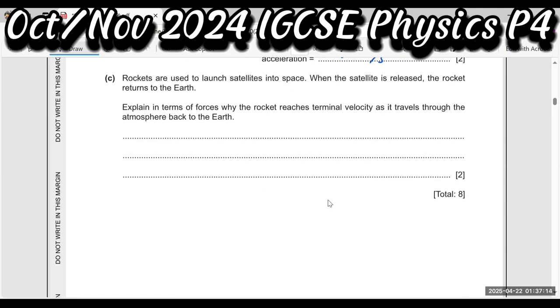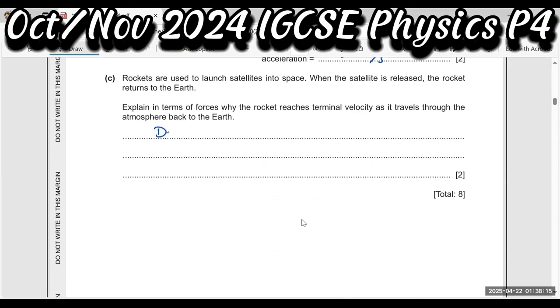The next question is: the rocket is used to launch a satellite into space. When the satellite is released, the rocket returns to the Earth. Explain in terms of force why the rocket reached terminal velocity as it traveled through the atmosphere back to the Earth. Terminal velocity is the maximum constant velocity.